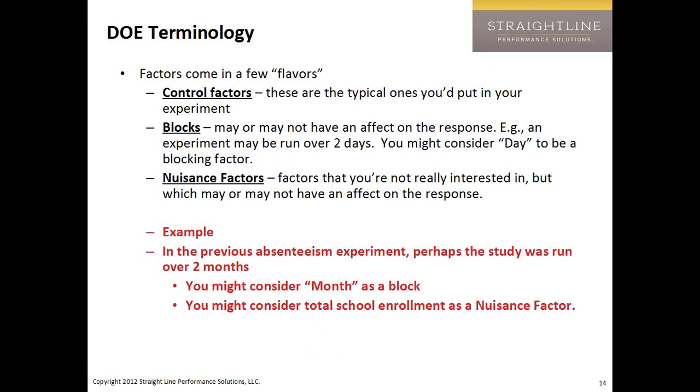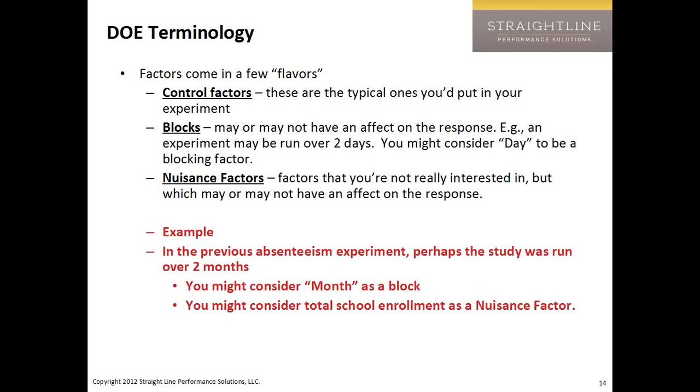Now, factors come in 3 general flavors: control factors, blocks, and nuisance factors. You can lump blocks and nuisance factors kind of together because basically the control factors have to be in there. You have to have a control factor to run the DOE. Otherwise, what's the point? Otherwise, you're finding out things that are just noise that you really don't have any control over.